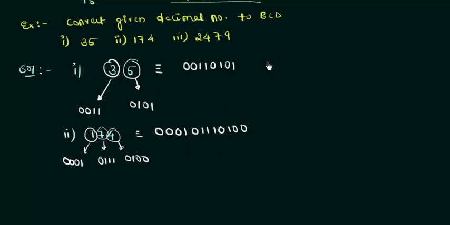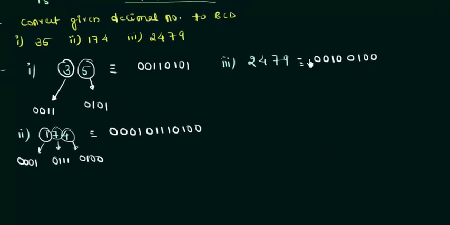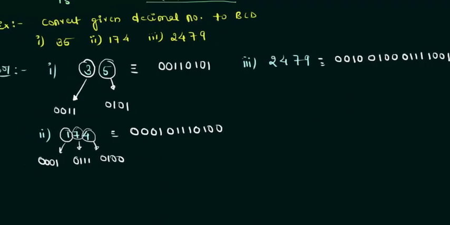Similarly, we can write the last number, 2479, in BCD. The 2 is represented as 0010, the 4 as 0100, the 7 as 0111 and the 9 as 1001. So this is how we convert any decimal number into BCD.